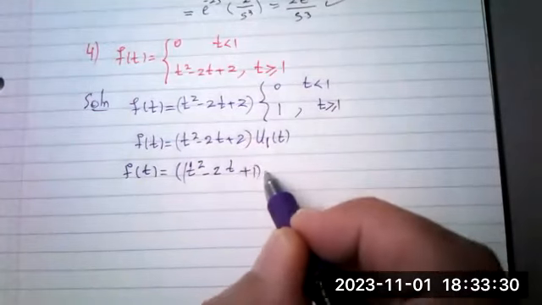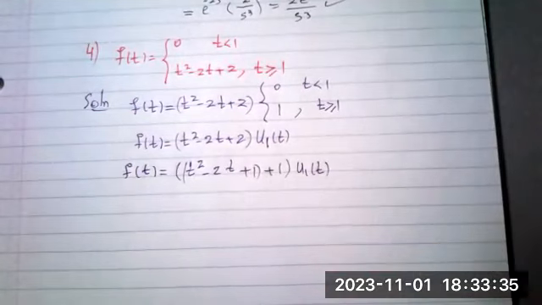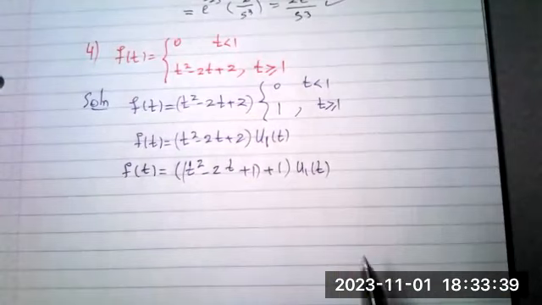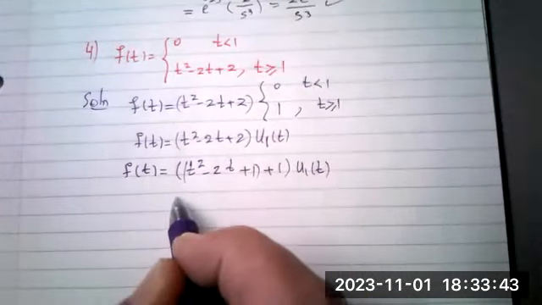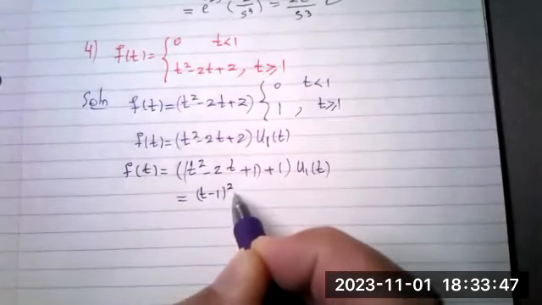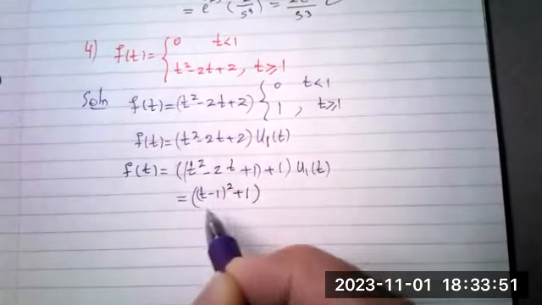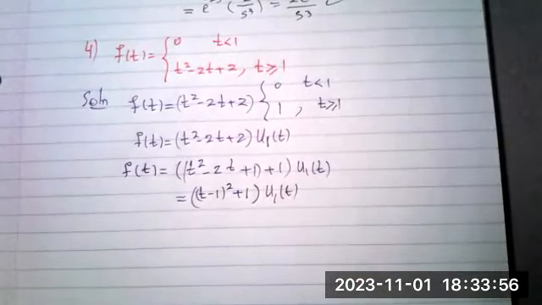We got the 1 here, so the leftover would be 1 again, because 1 and 1 would be 2. But this is the square of t minus 1. So that gives you (t minus 1) squared plus 1, times u1(t). So this is of the format that we are interested in.